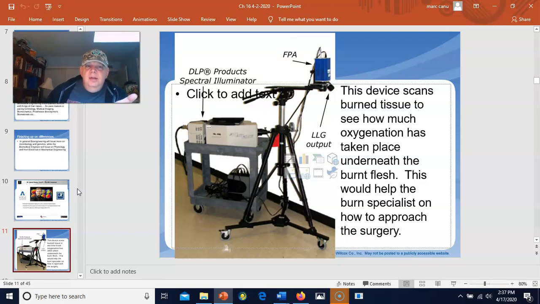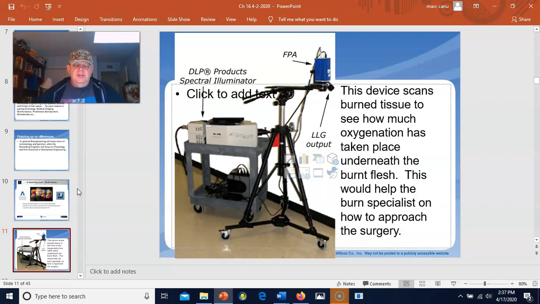Now, what's the idea behind it? It scans burnt tissue to see how much oxygenation, how much oxygen is taking place underneath the burnt flesh. Because when a burn victim is brought in to the emergency room, looking at the burnt tissue, you can tell if it's a first or second or third degree burn.